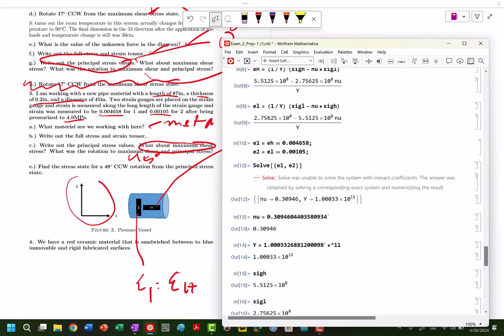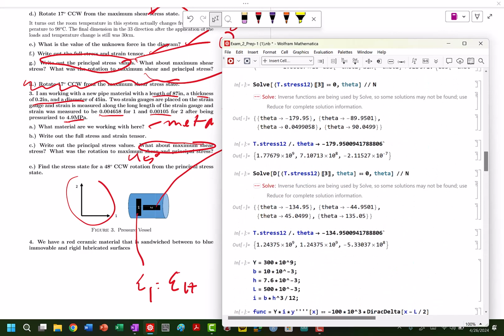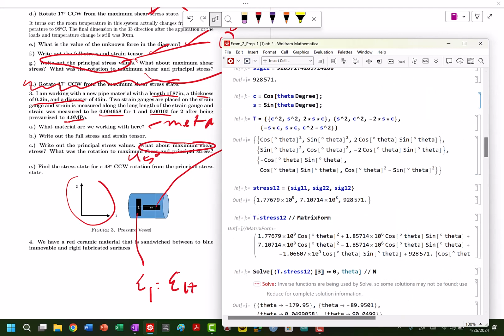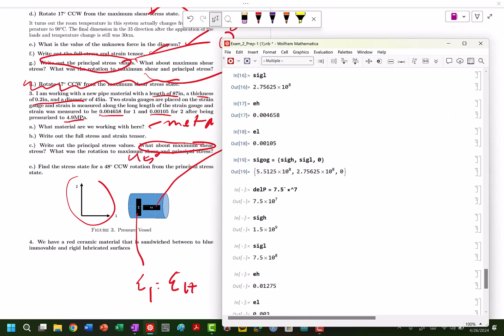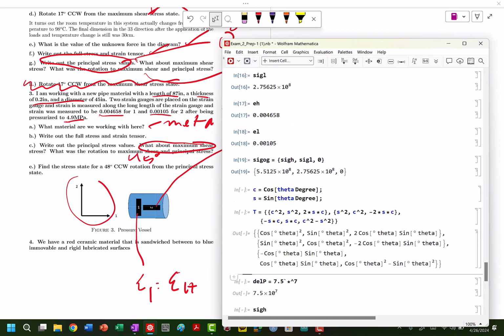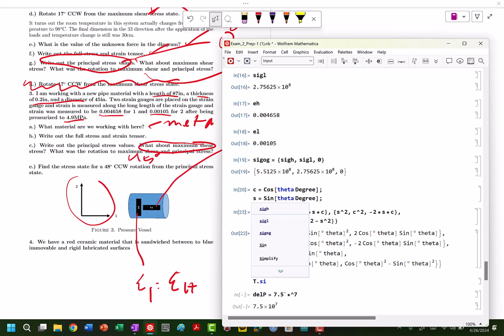So if I need to rotate that, I need to bring in these definitions here. This is my rotation matrix. So if I need to rotate to a new coordinate system, I'm just going to take my old coordinate system, sig OG, or actually I'm going to do t dot sig OG, and then slash dot, my theta goes to, so just temporarily setting theta to a value.